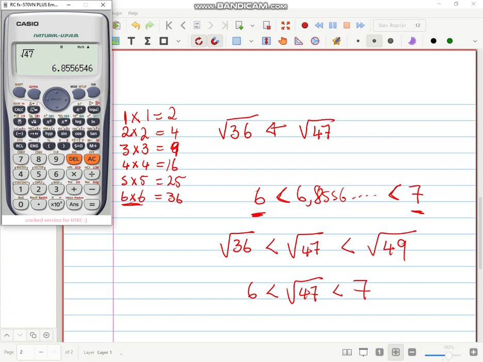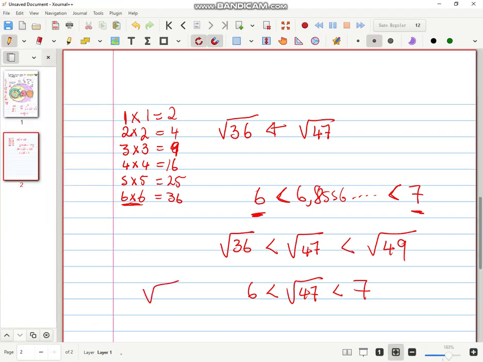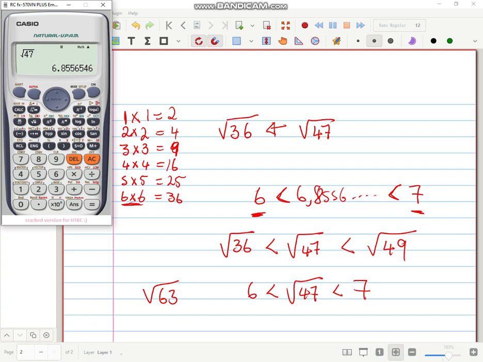Just put that in a calculator, check, is it between 4 and 5? If it's so, let's try square root of 63, right? Let's put square root of 63 in a calculator like this. Square root of 63, it's an irrational number.